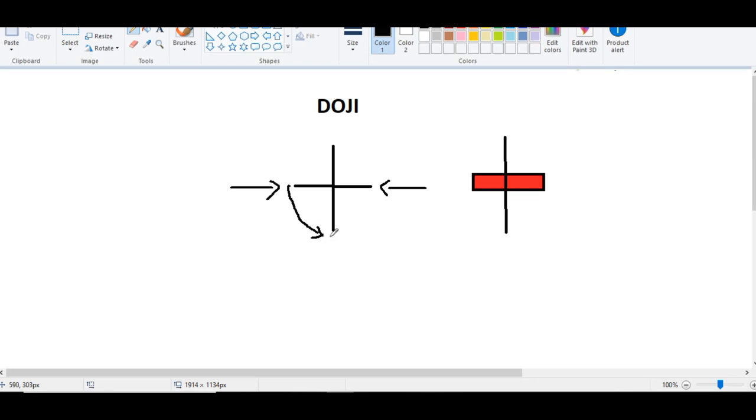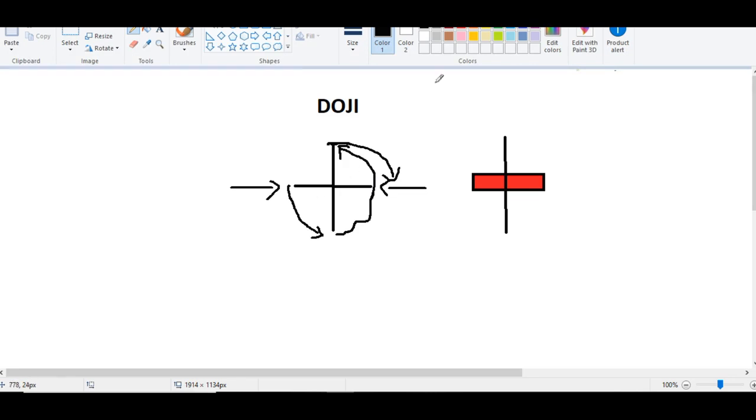Bears push the price down, sellers push the price down, and now the bulls, the buyers, take the price higher all the way till this level. Now what happens here again? Sellers come in and take price lower and close the price here. So you can see that there's a tug of war going on between the buyers and the sellers. There's an indecision going on. They're basically in a battle, trying to win, but in the end, nobody has come out a winner.